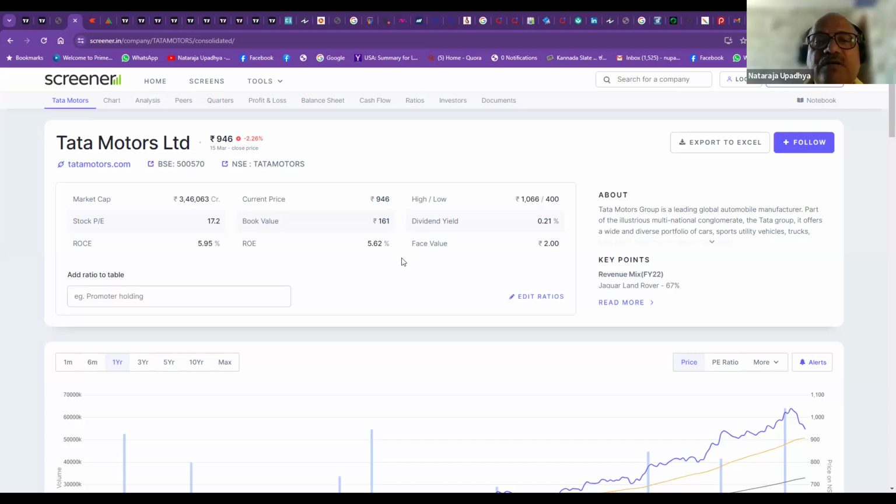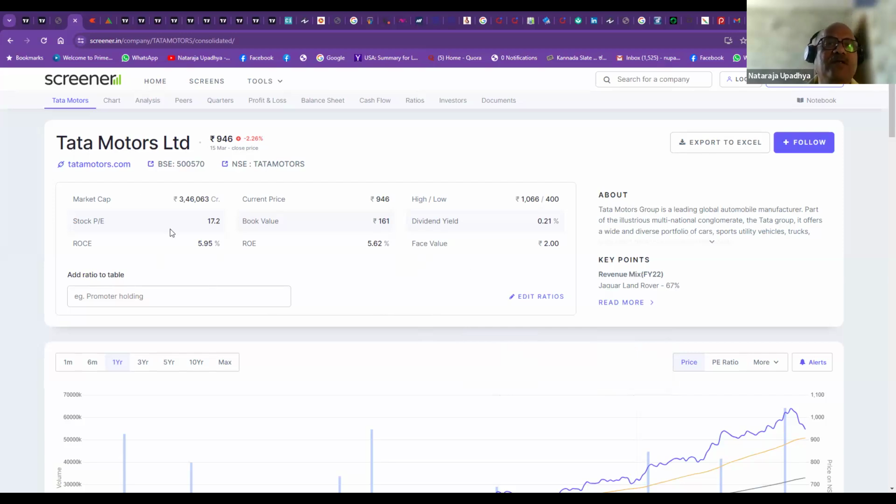Can you explain stock price to earnings ratio again? P/E. Okay. See, price to earning is the premium you are paying for the stock with respect to its earning capability. The stock price is not evaluated just by today's realities of the stock. It is future growth projections also.